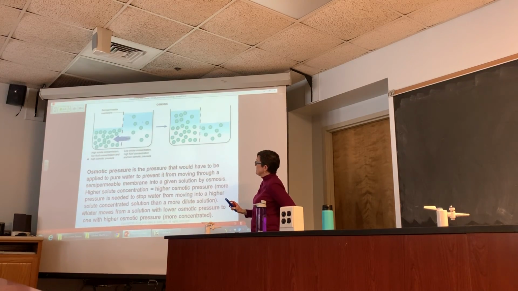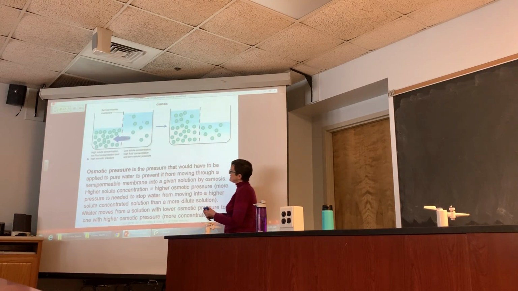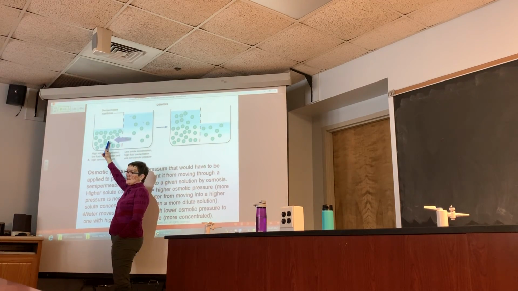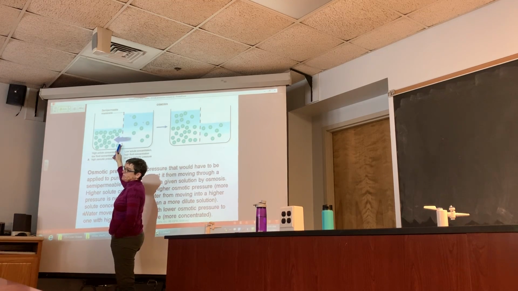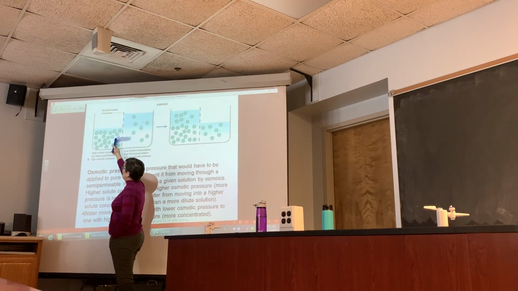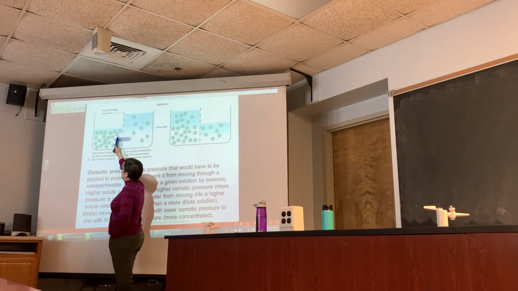And just to remind you what osmotic pressure is, remember that in osmosis, water moves toward the side of a membrane, it could be a plasma membrane, where this could be tissue fluid and this could be blood, right? It's moving through a membrane toward the side where there's more solute. Water is attracted to solute.